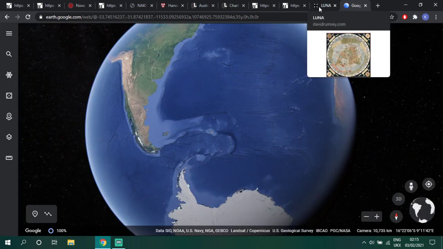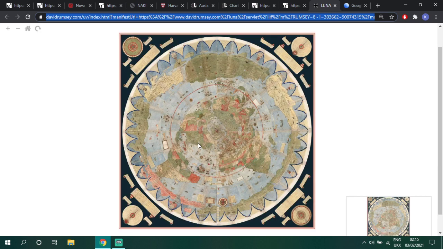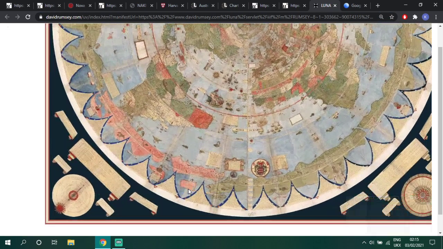I mean, that's loading now, isn't it? Right. That's the map loaded.